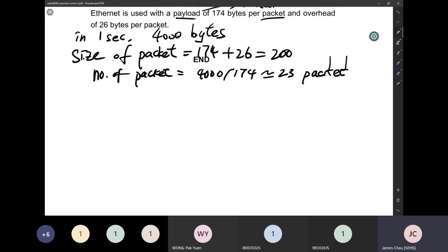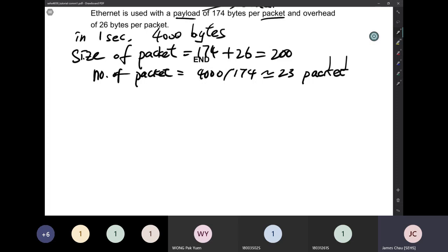Because you should divide the 4,000 bytes and fit into the Ethernet packets. But you need to send all the data, therefore you should use 23 packets.